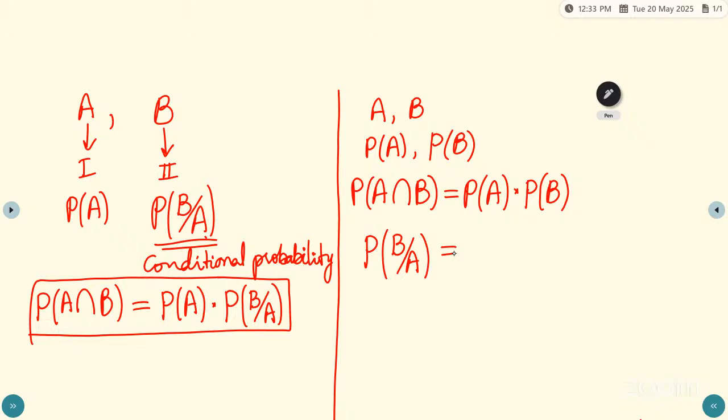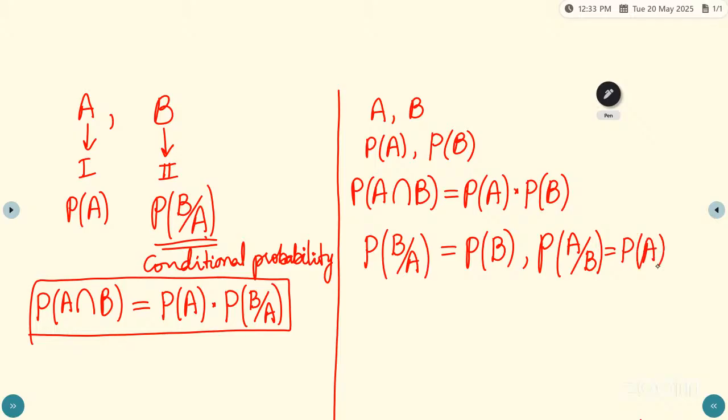No. What I am saying is A and B are two independent events. If A and B are two independent events, what is P of B given A? P of B only, not 0. Or P of A given B equals P of A only.